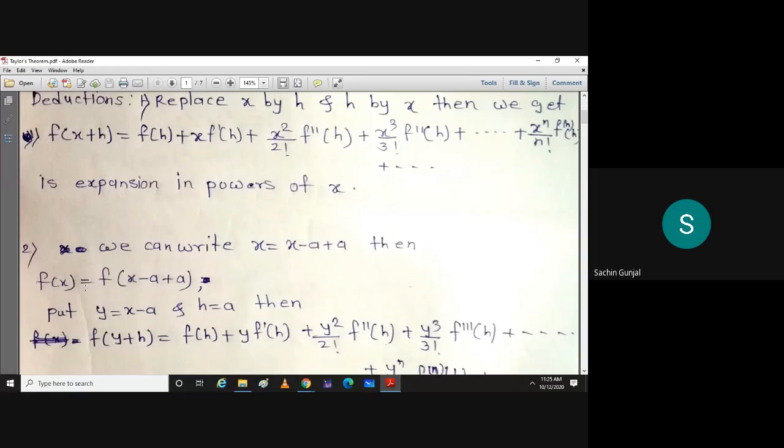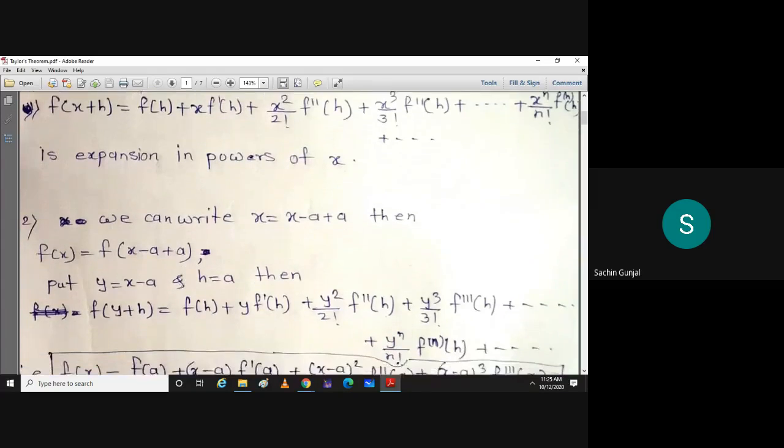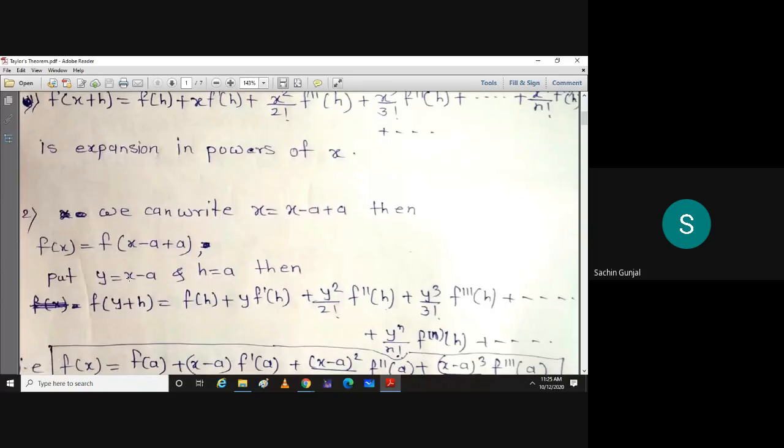So f of x will be f of x minus a plus a. Then write x minus a as y and h as a. So this becomes f of y plus h equal to f of h plus y into f dash h plus y square by 2 factorial f double dash at h plus y cube by 3 factorial third derivative at h, and so on.